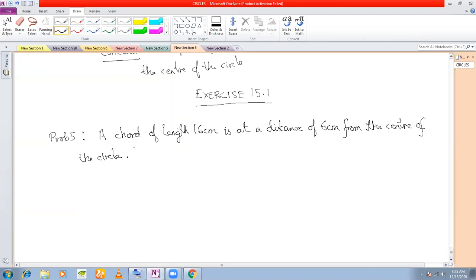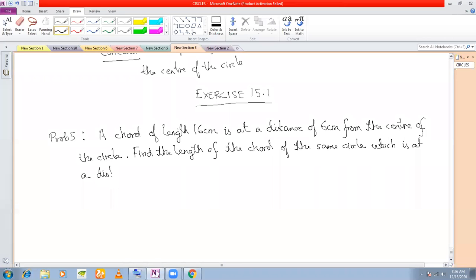Find the length of the chord of the same circle which is at a distance 8 centimeter from the center. When I say distance, it means perpendicular distance.